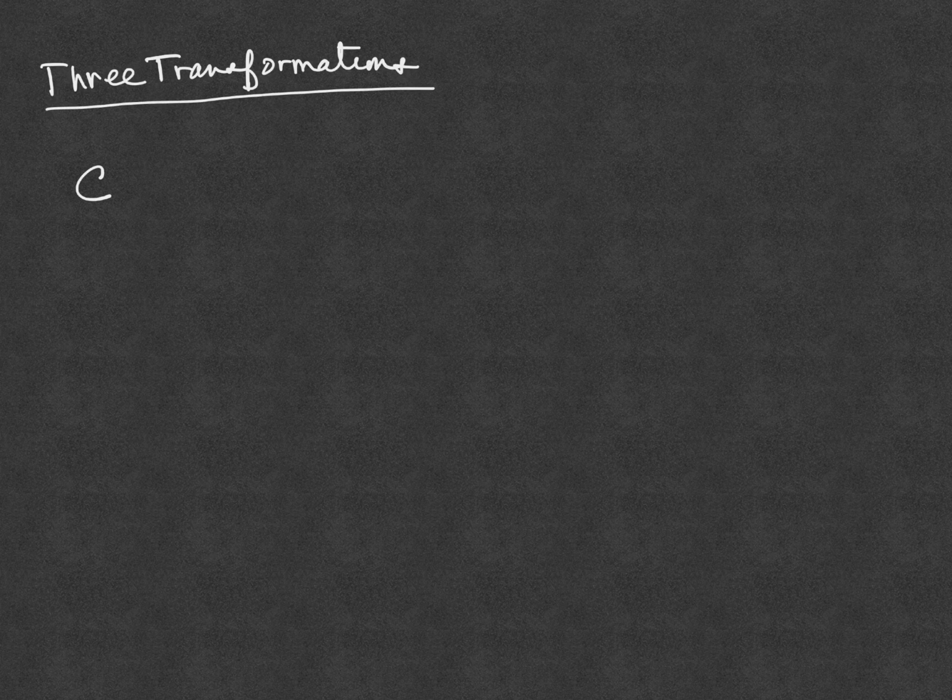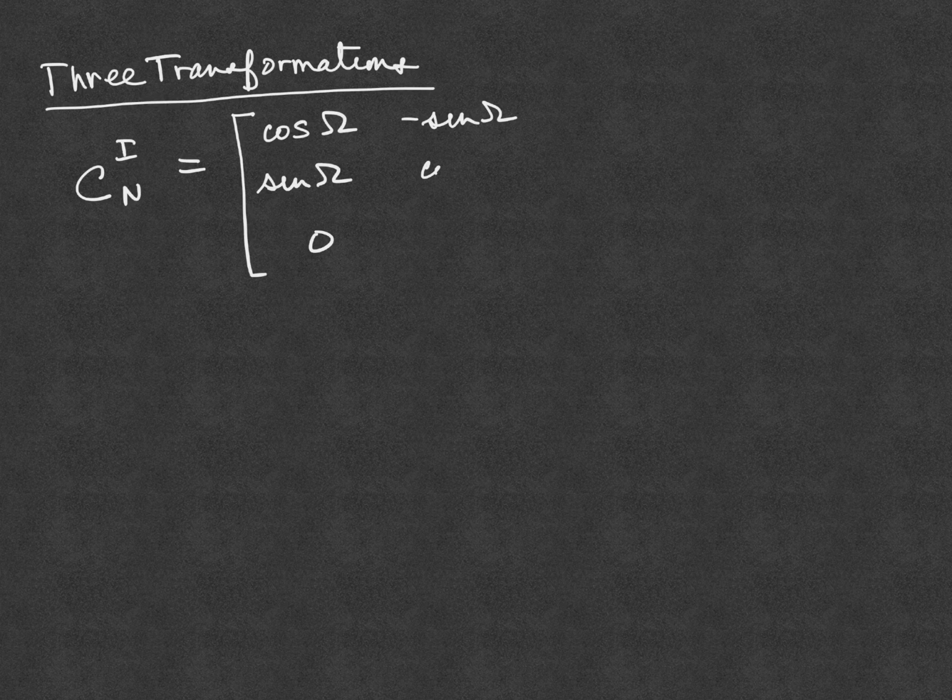So these 3 transformations are as follows. We have C n to I, which is equal to cosine of omega, sine of omega, 0, minus the sine of omega, cosine of omega, 0, 0, 0, 1. That's the first one.